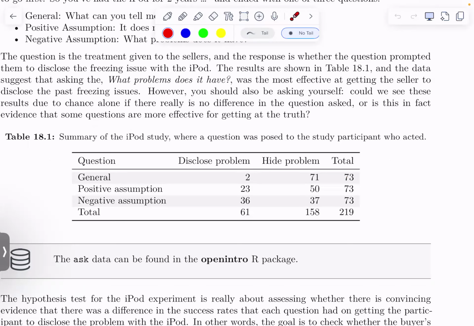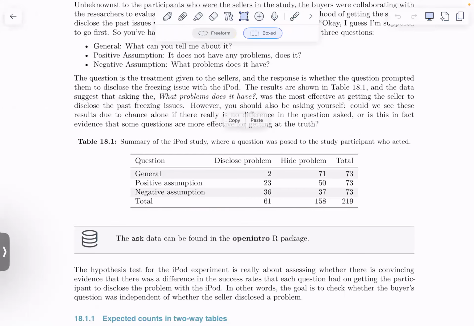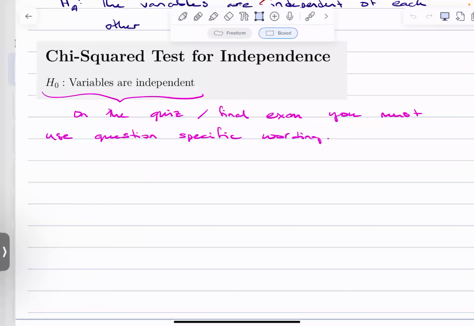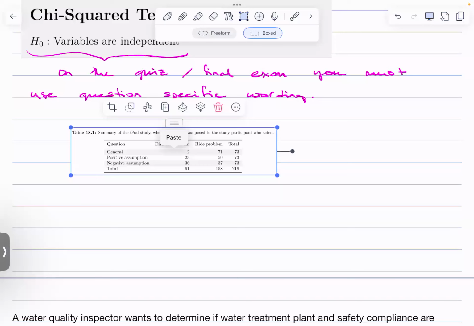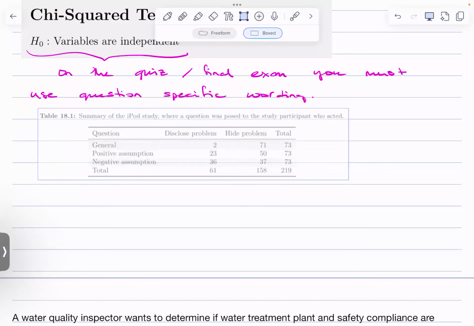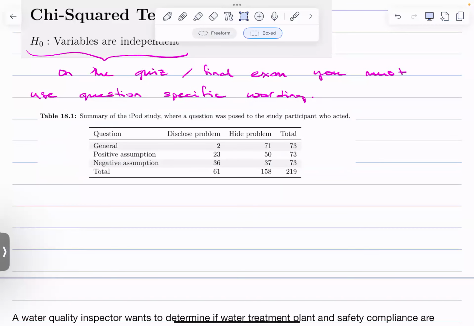Okay, let us bring this in. We'll talk about it. You can ignore the totals, but we do need the totals later.